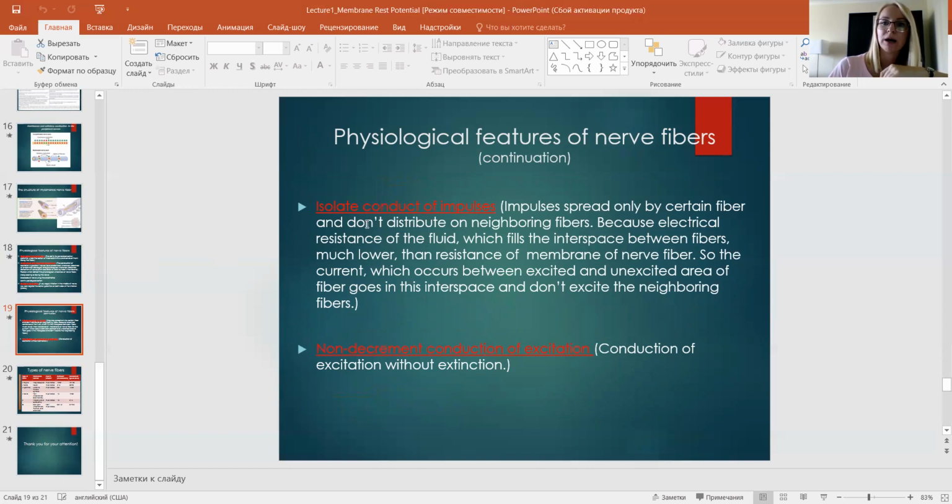Impulses spread only along a certain fiber and don't spread to the neighboring fibers, because the electrical resistance of the fluid which fills the interspace between fibers is much lower than the resistance of the membrane of nerve fibers. So the current which occurs between the excited and unexcited area of the fiber goes in this interspace and doesn't excite the neighboring fibers. And the last feature of nerve fibers is non-decremental conduction of excitation. It means that the conduction of excitation occurs without decrement.